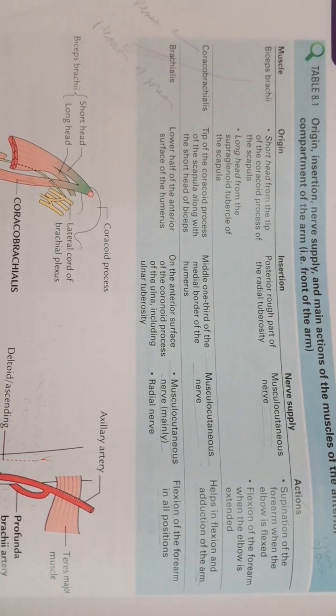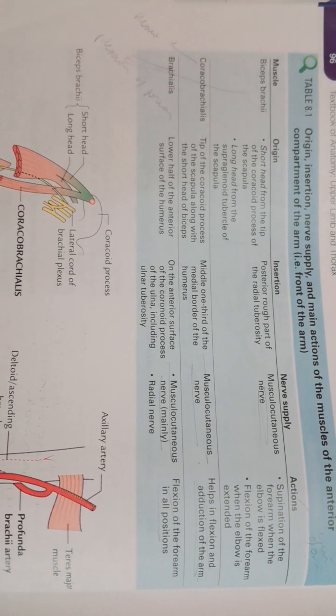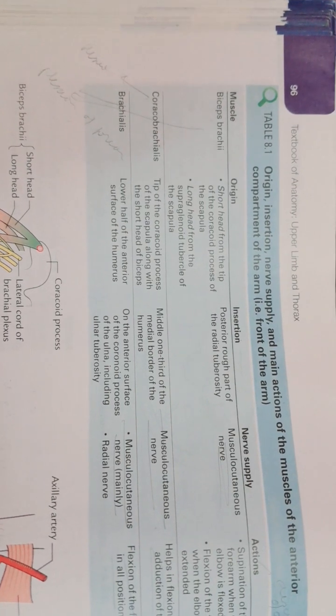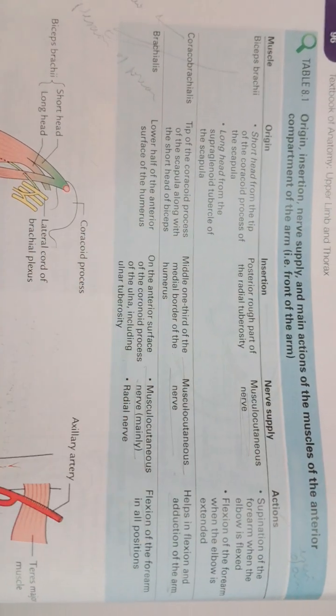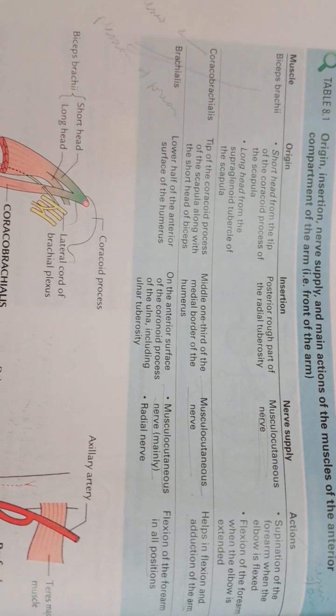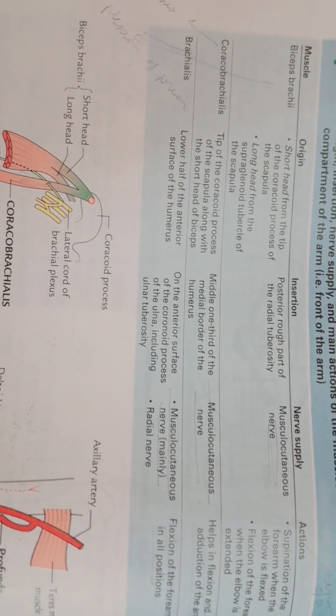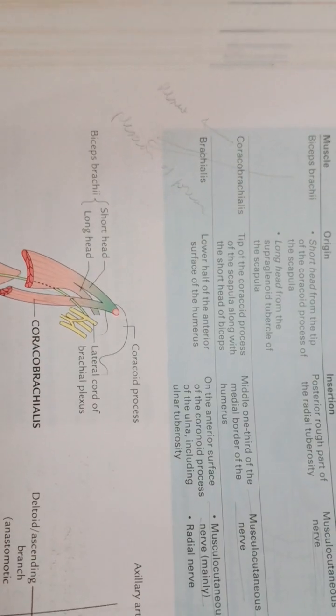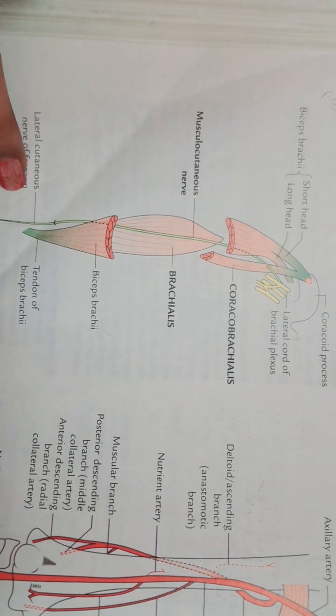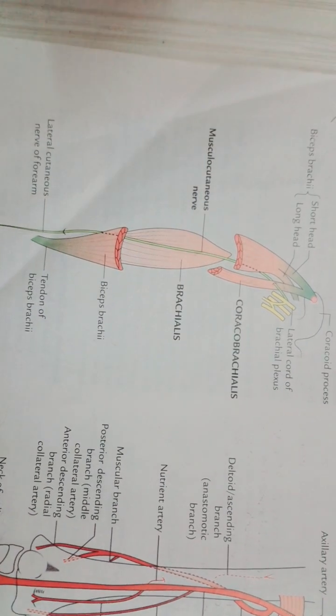So when there is damage to this musculocutaneous nerve, there is loss of strong flexion and supination. See, mainly it helps in flexion and supination. So when this musculocutaneous nerve is damaged, there is loss of this flexion and the supination, and there is loss of biceps tendon reflex, and there is loss of sensation along the lateral aspect of the forearm, because the lateral cutaneous nerve of forearm is supplied by this musculocutaneous nerve.